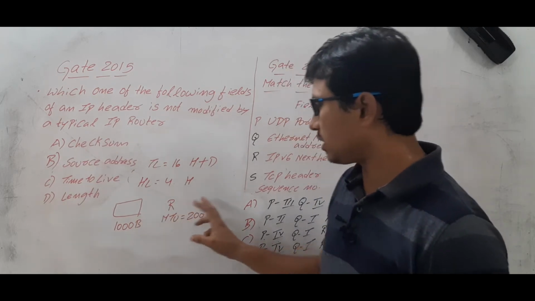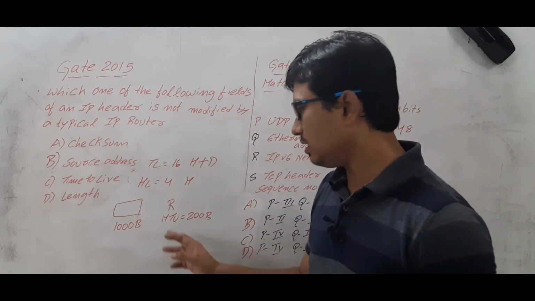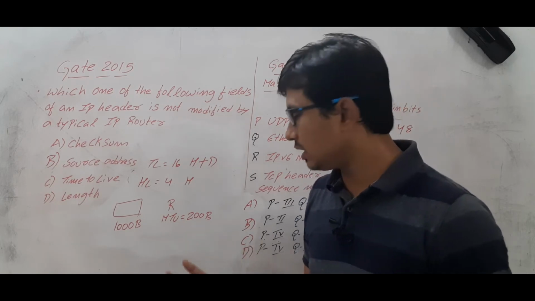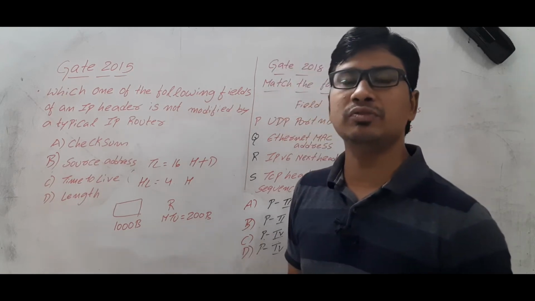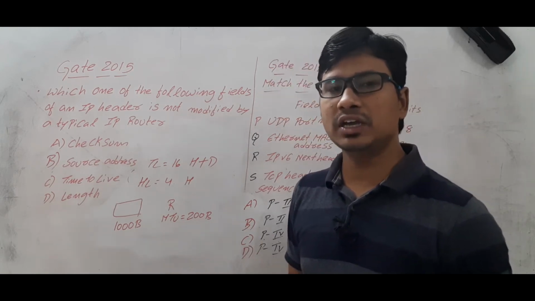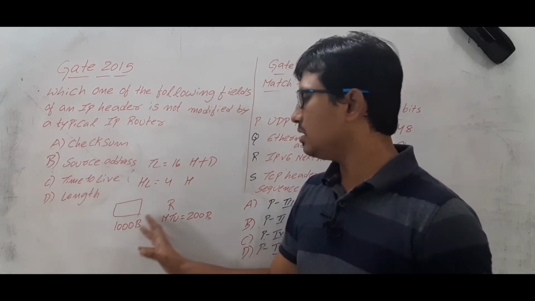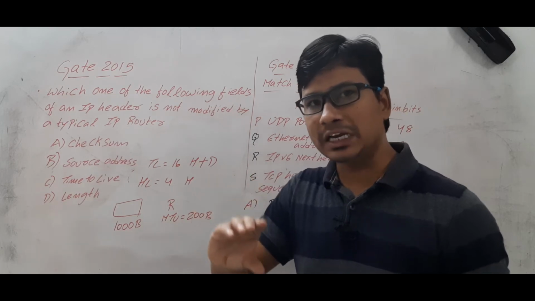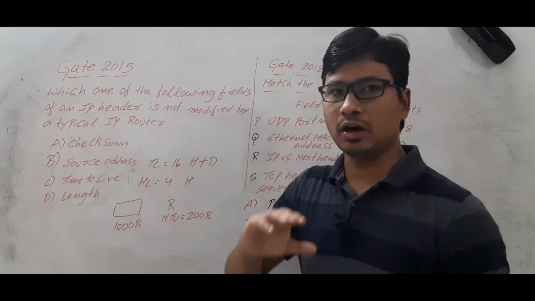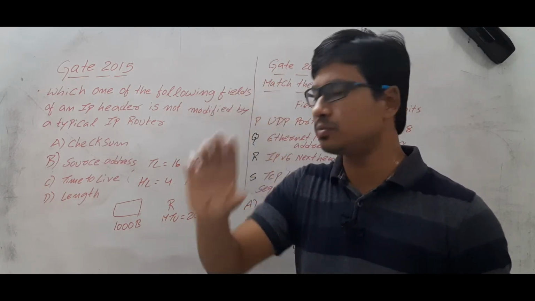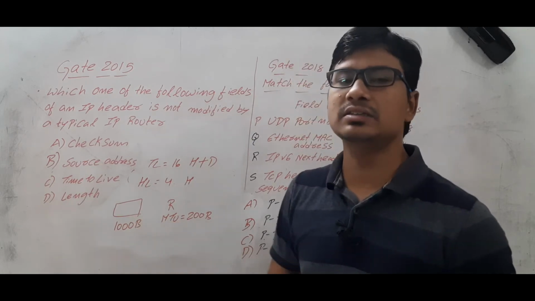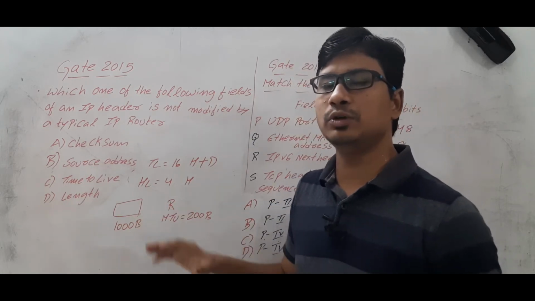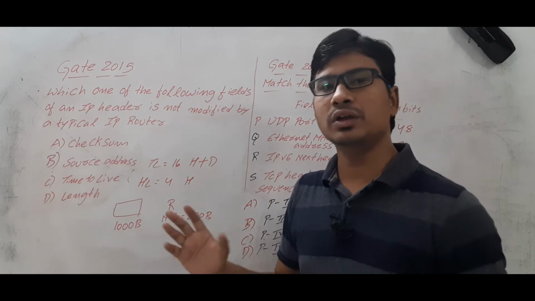Now the router has to forward it to the destination, but the router's outgoing link has a maximum MTU of 200 bytes. Then what does it have to do? It cannot send the 1000 bytes packet at once. So you have to divide this large packet into smaller packets so that they can traverse using the router's outgoing link.